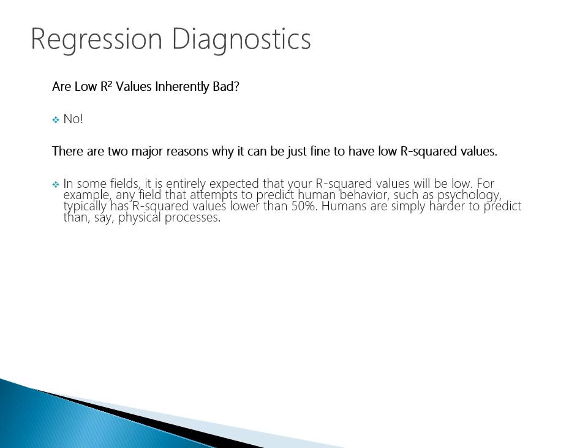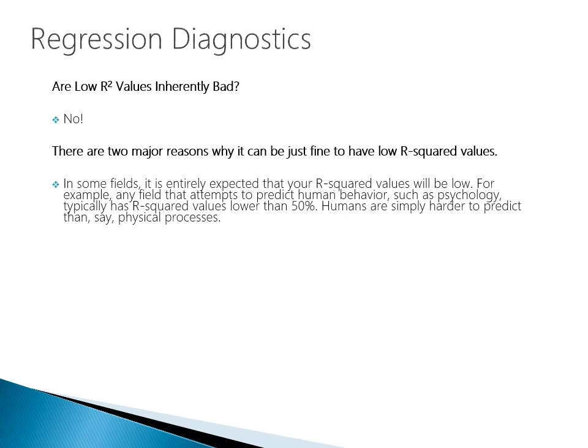There are two major reasons why it can be just fine to have low R squared values in your predictive model. In some fields, it is entirely expected that your R squared values will be low. For example, any field that attempts to predict human behavior, so behavioral sciences such as psychology, typically have R squared values lower than 50%.